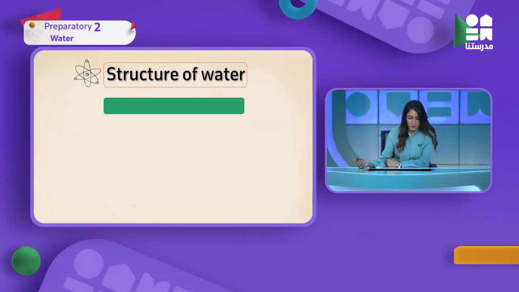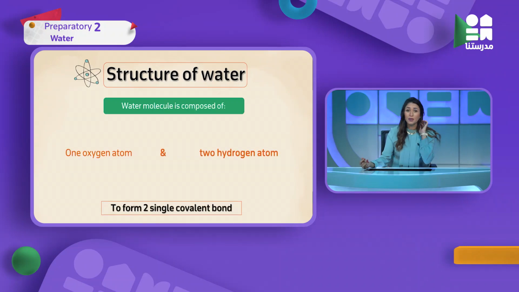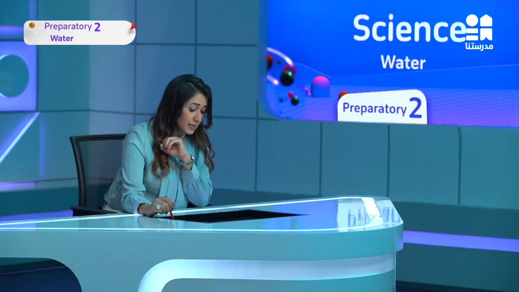Let's continue together. What is the structure of water? The water, we know from first prep, it consists of 1 oxygen atom and 2 hydrogen atoms. And between these atoms there are bonds. طب ايه التايب او الكايند of bond اللي بتعمل لينك ما بين الاتومز دي؟ هما 2 single covalent bonds.